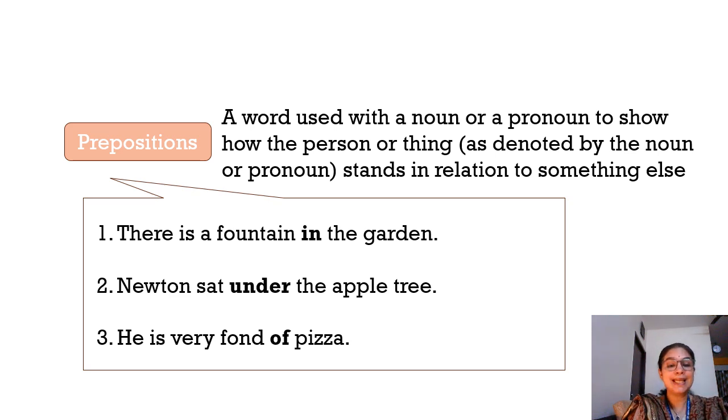Here the word in is the preposition because it tells us the relationship between fountain and the garden. In the second sentence, Newton sat under the apple tree. The word under is a preposition. And finally, the third sentence, he is very fond of pizza. So here, of is a preposition.